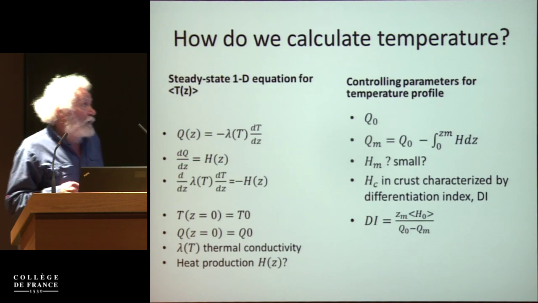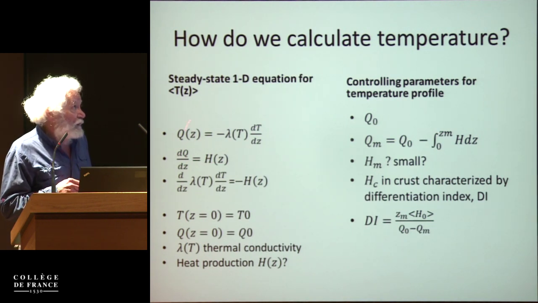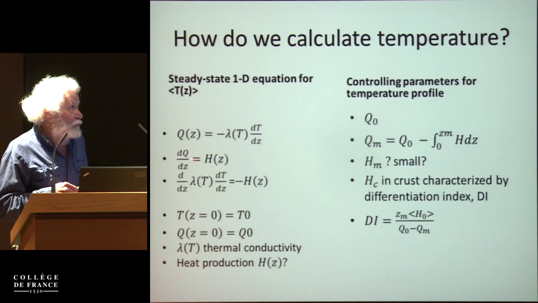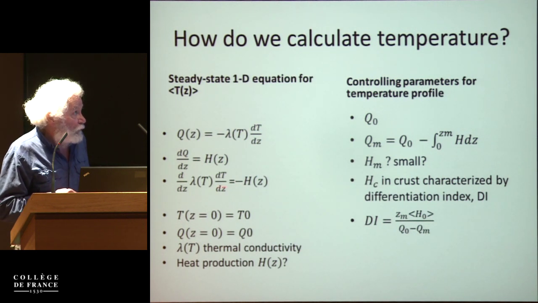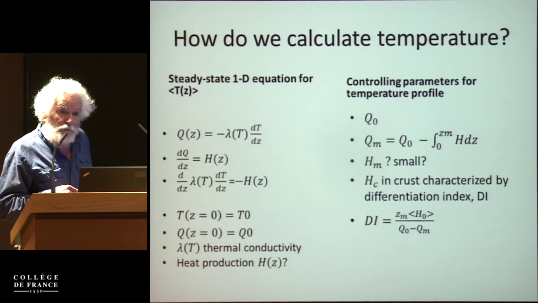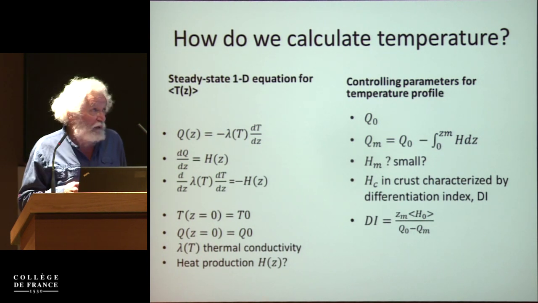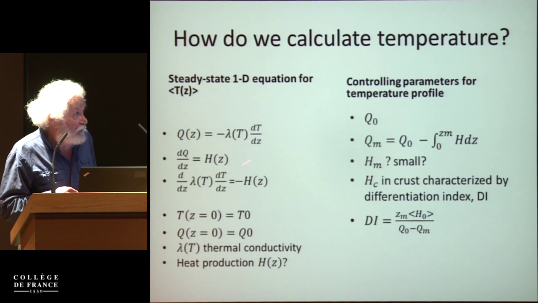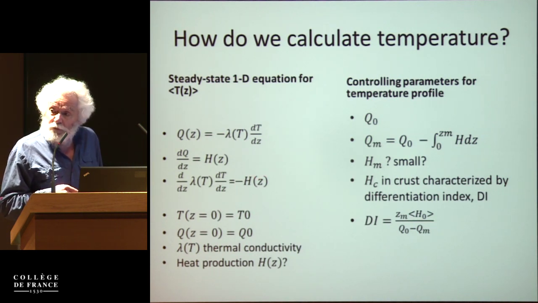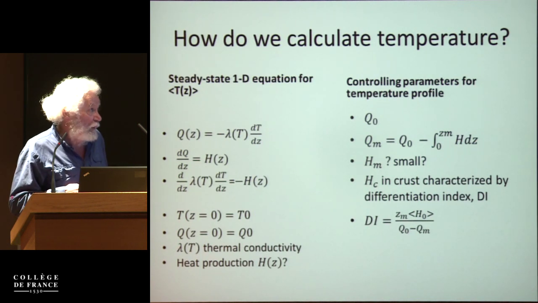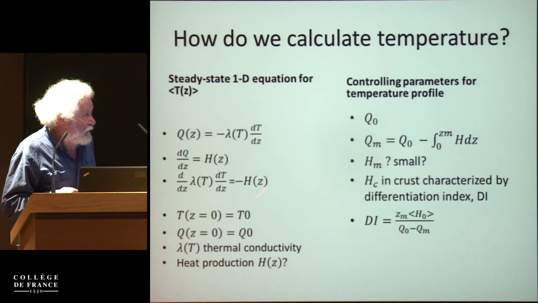What will determine temperature then is this steady-state one-dimensional heat equation. We have here the thermal conductivity, which we assume we know from laboratory experiments, and we have the vertical distribution of heat-producing elements, or vertical distribution of heat production.